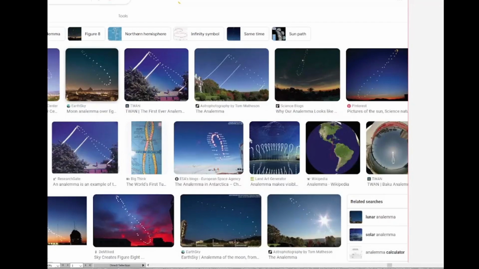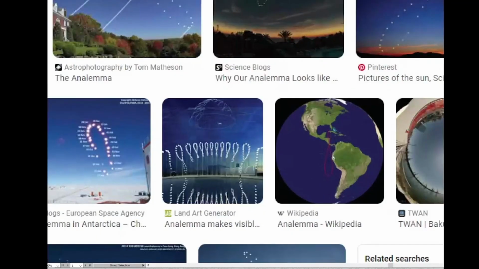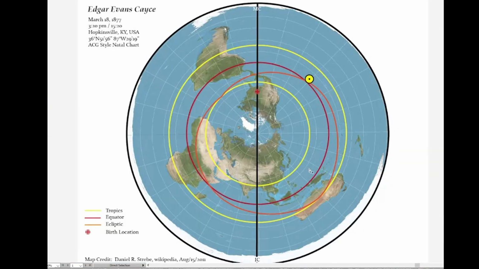This is the same thing I showed you in my illustration. The equator is going to be in the center, your Tropic of Cancer is here, your Tropic of Capricorn is here. This is approximately what Edgar Cayce's chart would look like with the ecliptic added into his map here.